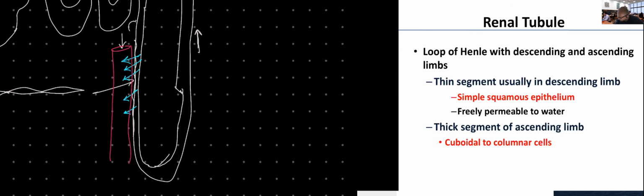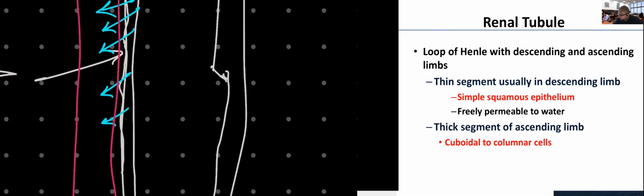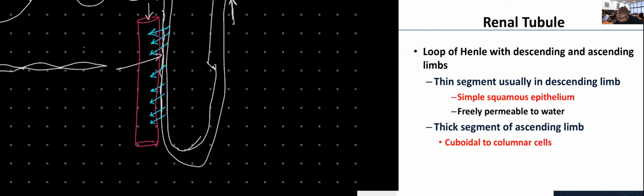This is my vasa recta on here. To allow minimal resistance against the movement of the fluid back to the blood, I will be lined only by one row of flat cells, or simple squamous epithelium.